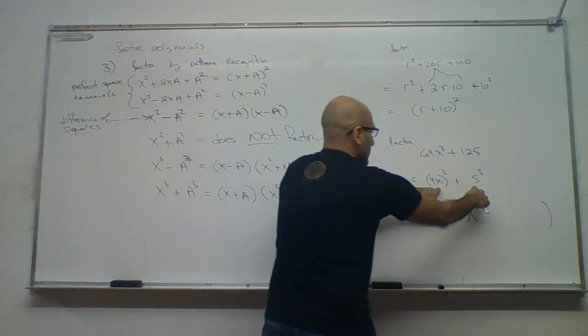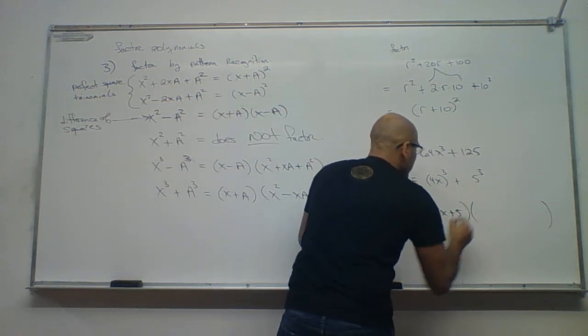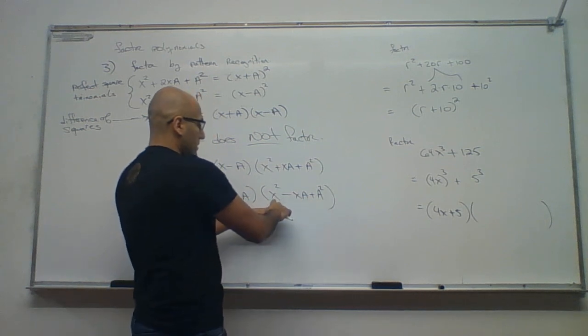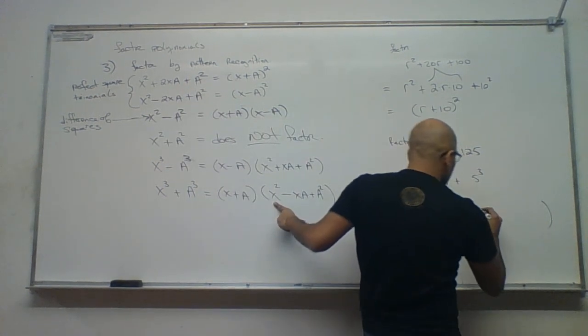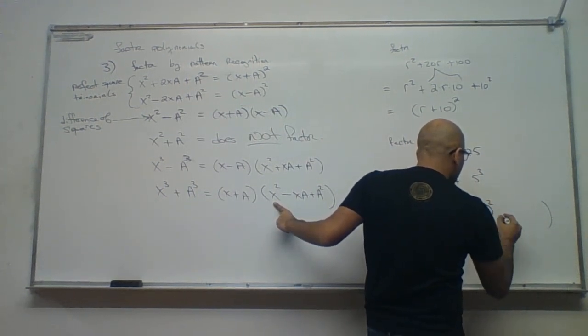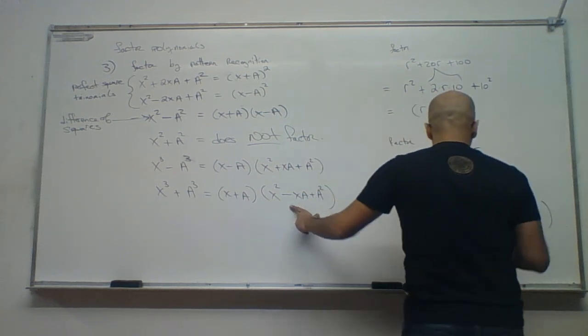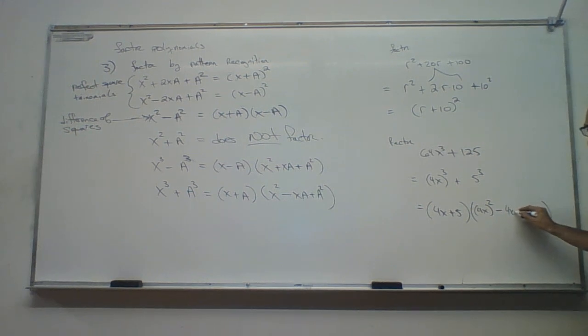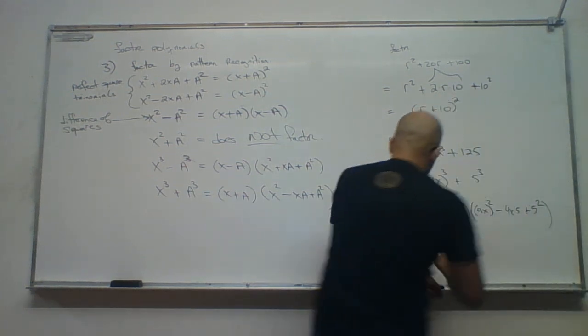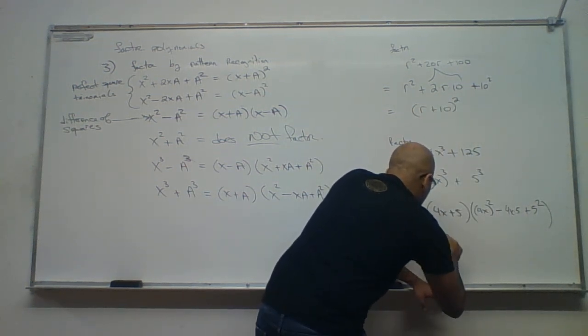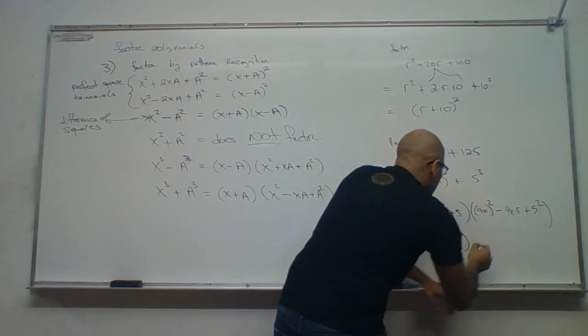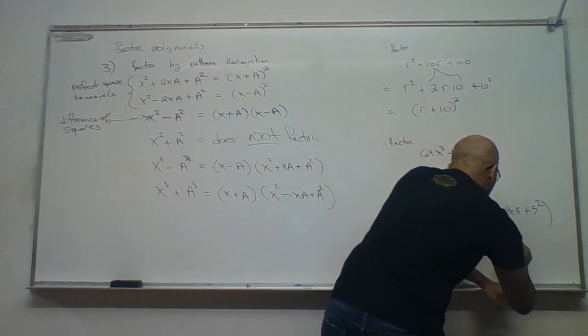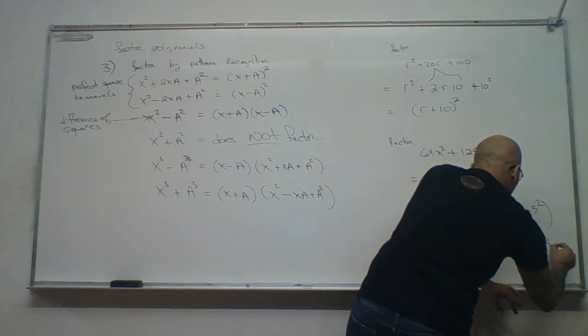So that's going to be 4x plus 5. And then this thing is going to be the first one squared. So that's 4x squared minus this times this, so 4x times 5, plus that guy squared, which is 5 squared. Okay, so we can simplify this just a little bit and rewrite it as 4x plus 5 times 16x squared minus 20x plus 25.